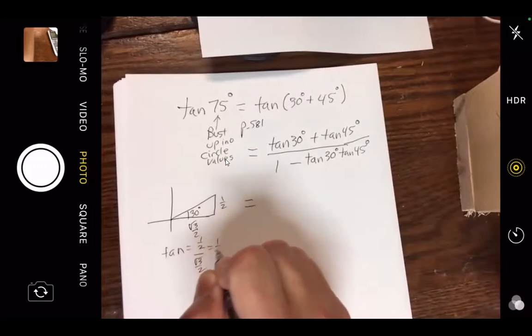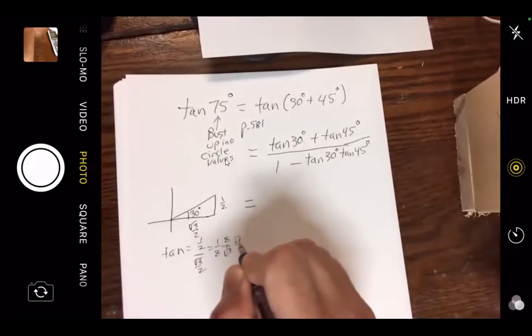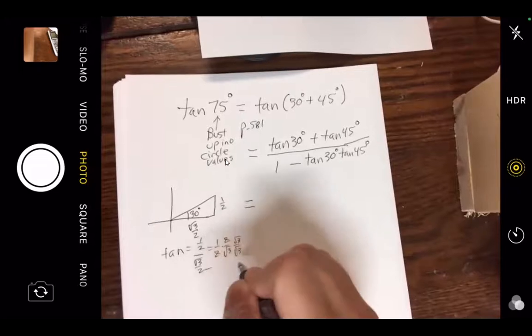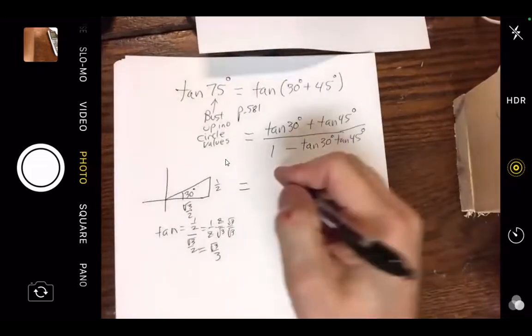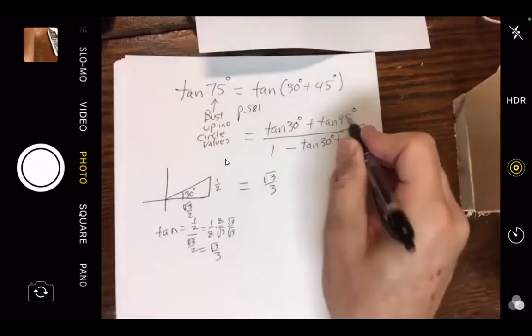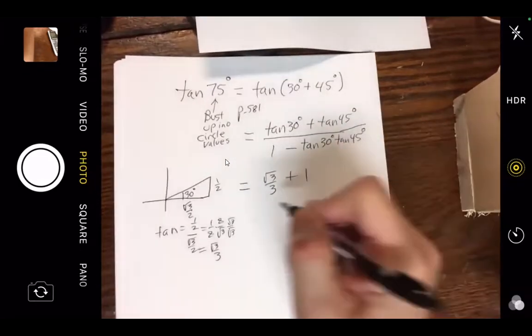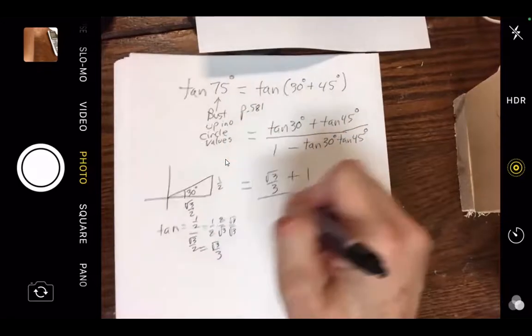That's 1/2 times 2 over root 3, which is 1 over root 3, which rationalized is root 3 over 3. Tangent 45 is 1. That's easy, because at 45 you're at root 2 over 2 and root 2 over 2, both on x and y.